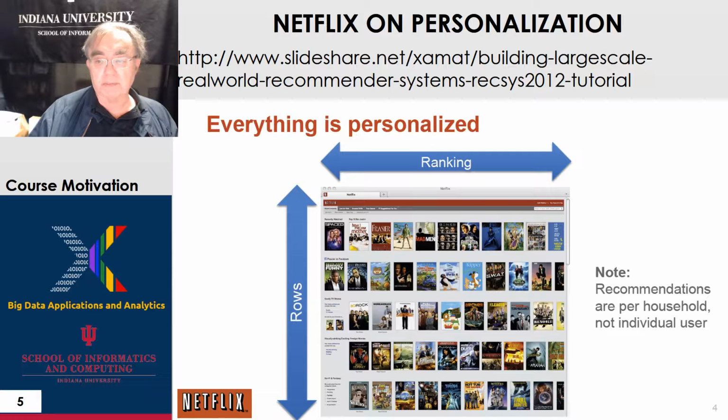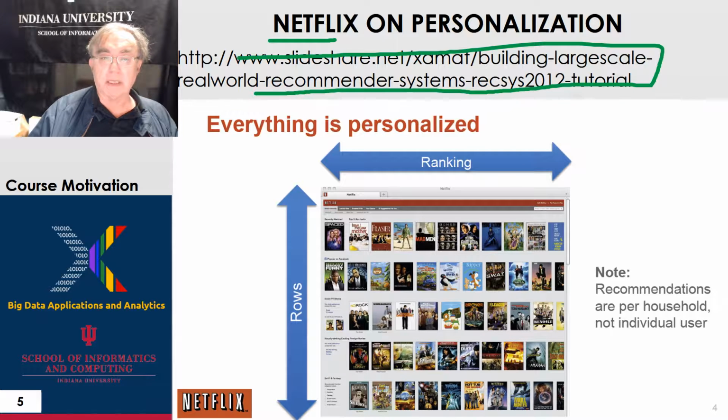So if we look at a few slides from Netflix, Netflix says that everything is to do with recommender systems, and everything is data science. This comes from a tutorial they gave, which we will go into in more detail in the actual course.